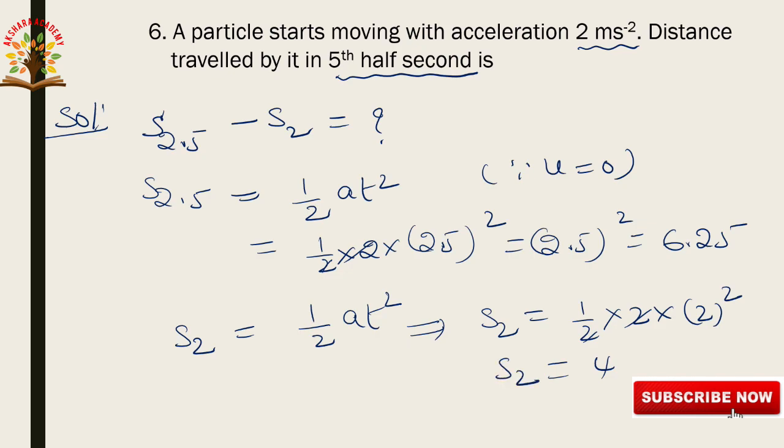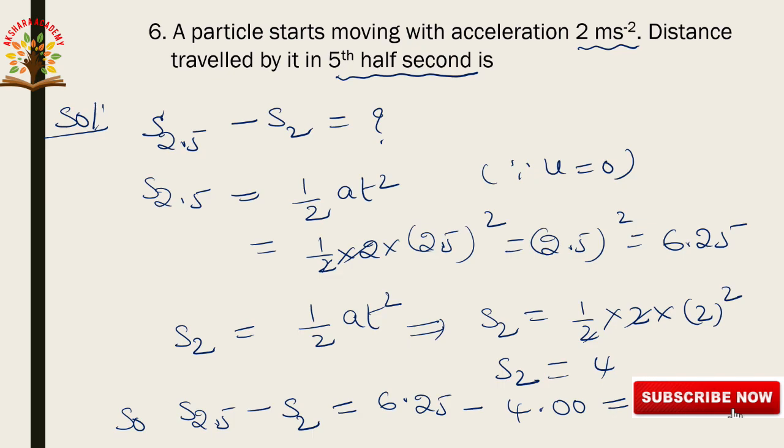Now we are calculating the distance travelled by it in the fifth half second. So s 2.5 minus s2 gives the distance travelled in the fifth half second, that is s 2.5, which is 6.25, minus s2, which is 4, can be written as 4.00.